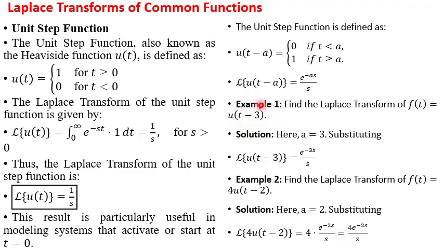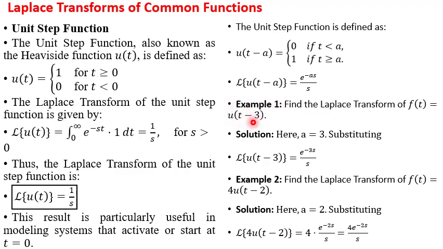How do we know? Because it basically conforms to the shifted unit step function. So in order to solve this, we have to identify that a equals 3, just relating the general form with the function we have before us to solve.